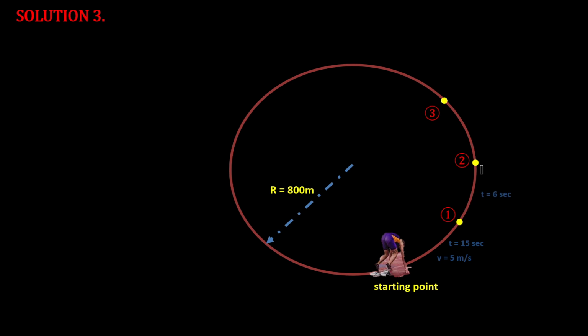Sa 1 to 2, span 2, tinakbo niya ng 6 seconds. Distance nun is 90 meters. Span 3, distance 3 naman, is 180 meters yung kanyang tinakbo. Hindi binigay yung kanyang rate. So, para makumpit natin yung distance 1, meron tayong distance 2, meron tayong distance 3, kailangan natin kumpitin yung distance 1. Mula dito hanggang dito.